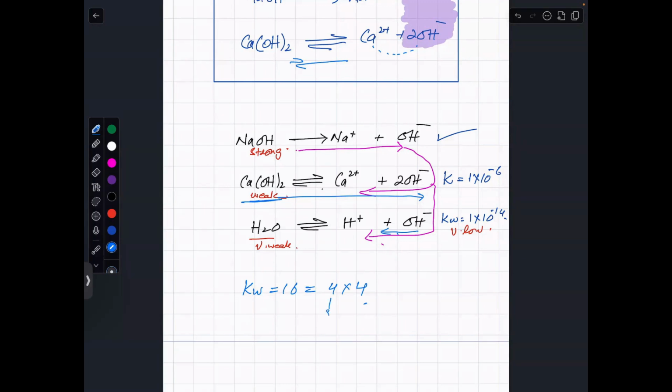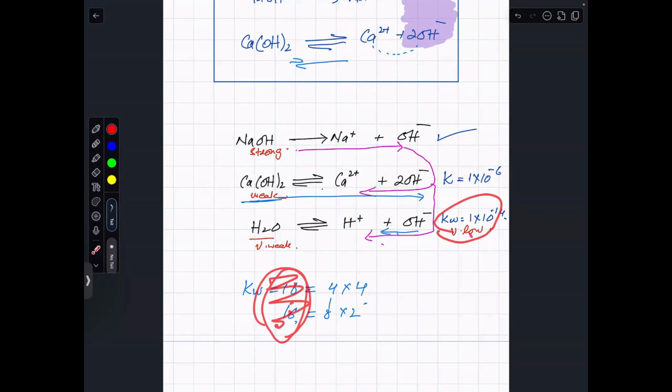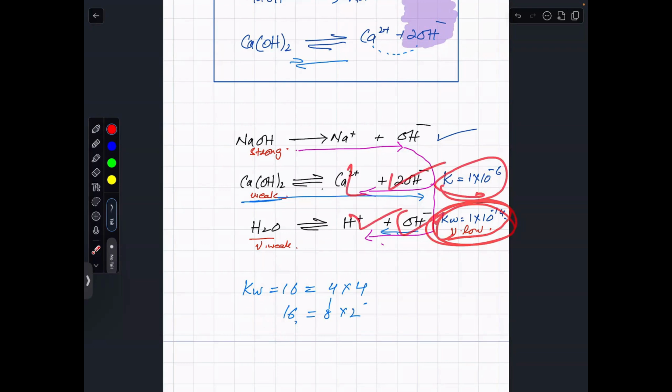But if I make it 8, the other becomes 2. It's still 16. So unless the temperature is changed, the Kw remains the same. I'm assuming this as 16 so that you can understand. It's not the actual value. So the value remains the same. This is not going to change. The individual values can change, but the product or the ratios remain the same. These are equilibrium constants.